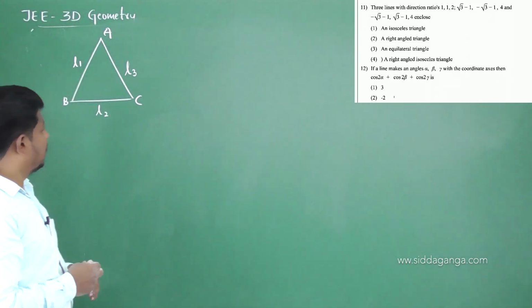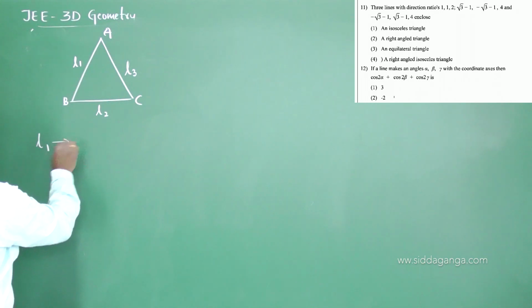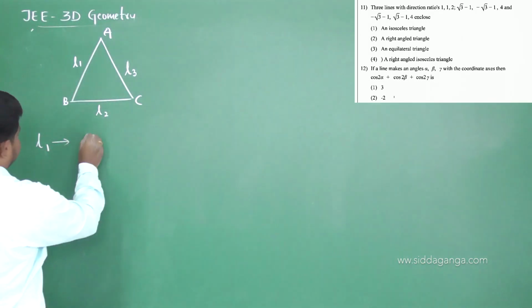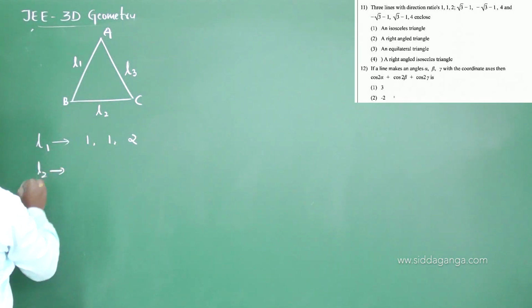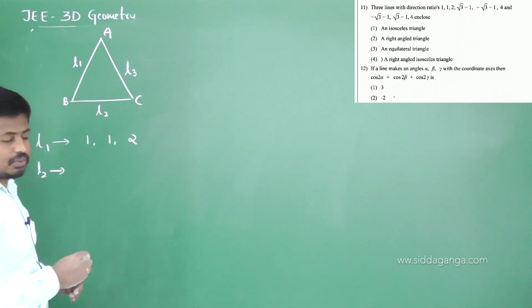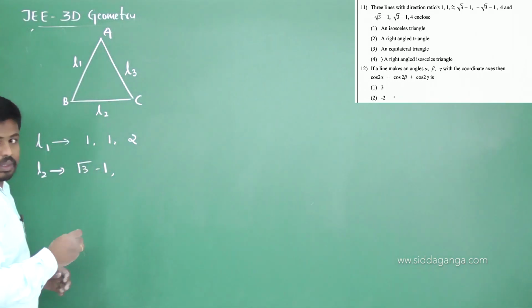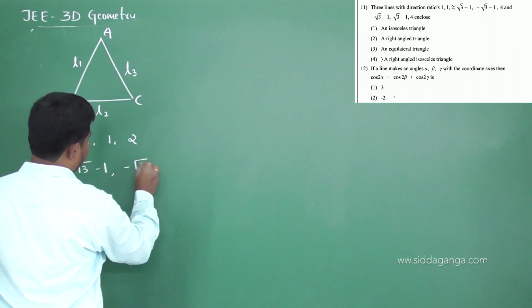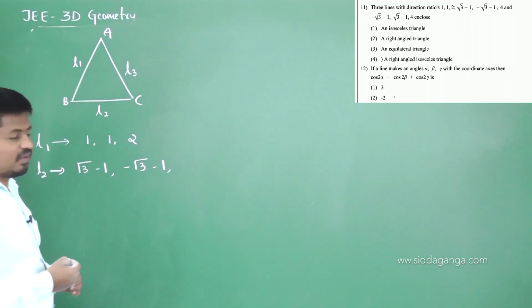Here we have 3 lines with ratios. L1 has ratios 1, 1, 2, and L2 has ratios root 3 minus 1, minus root 3 minus 1, and 4.